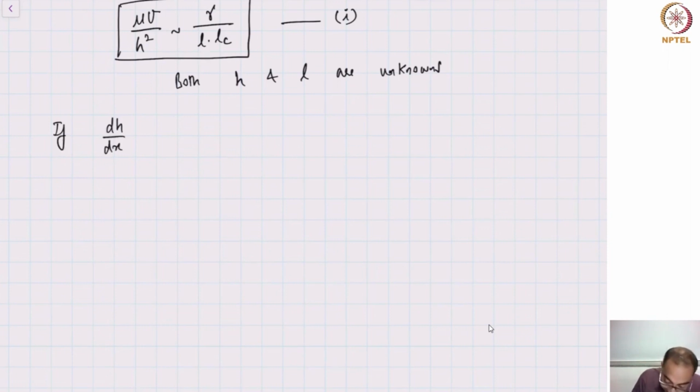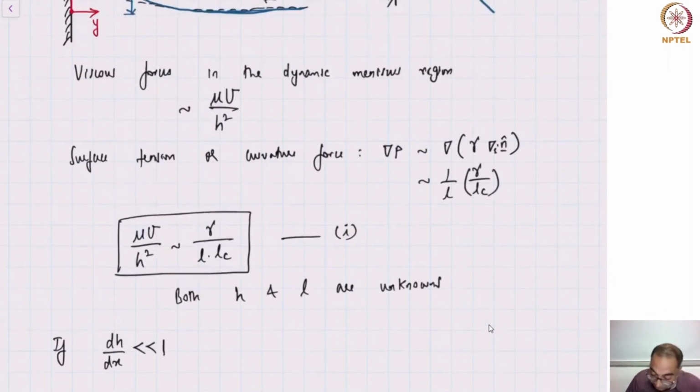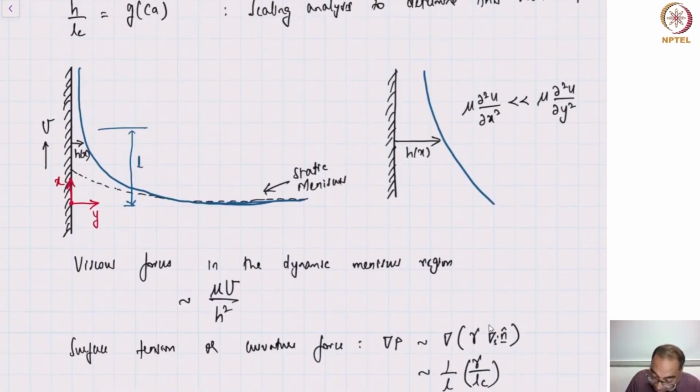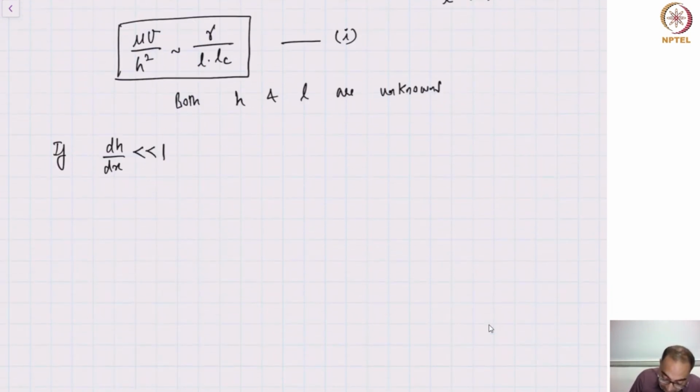If dH by dx is very small, remember dH by dx is basically the variation of height in this dynamic meniscus. Then we can employ the lubrication approximation.